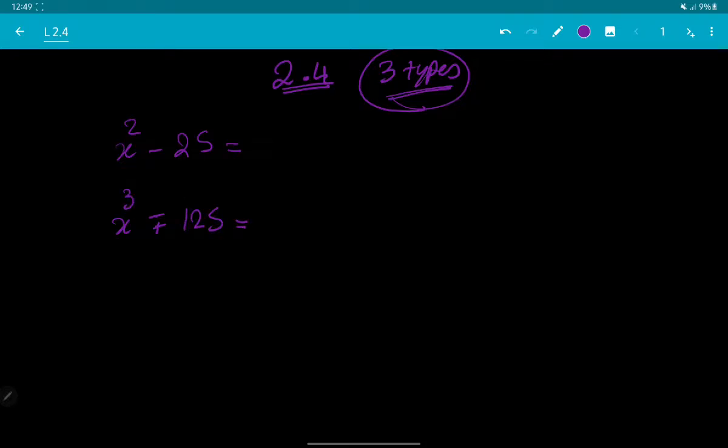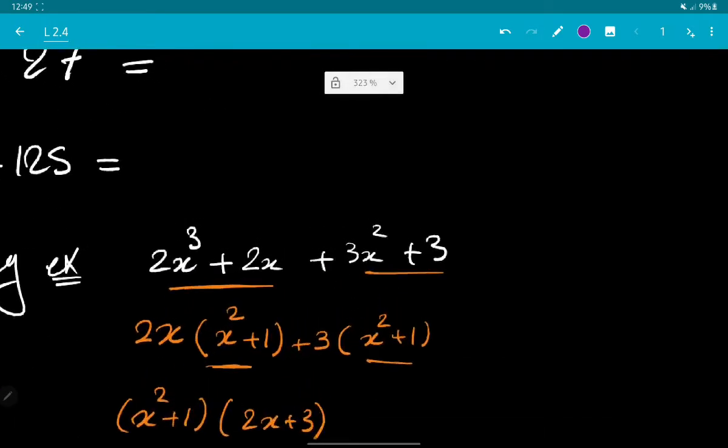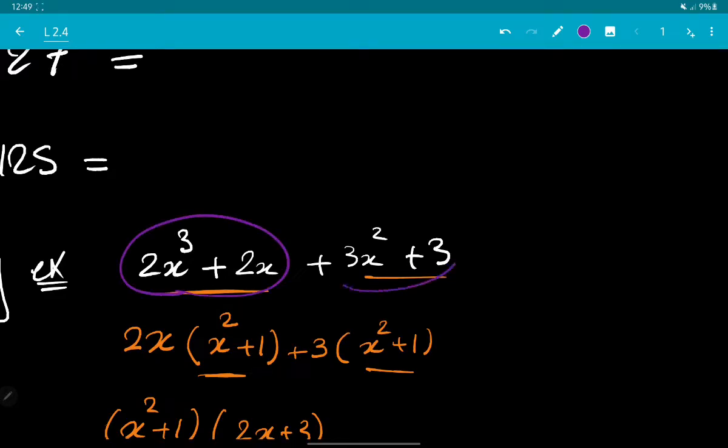How to factorize this. The third type is factorized by grouping. If I'm giving you four terms, we will group each two to factorize them. Like for example this one. We will factorize by grouping and we will divide the polynomial in two groups to factorize. Okay, let me explain to you one by one.